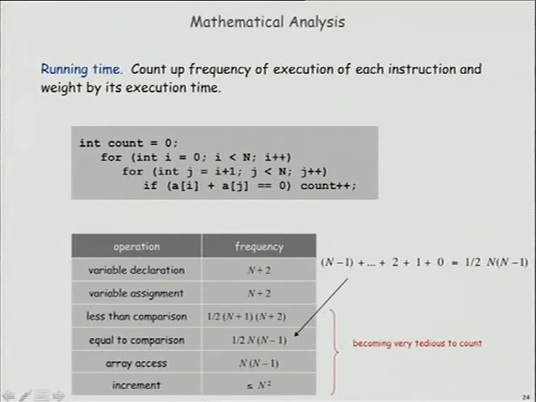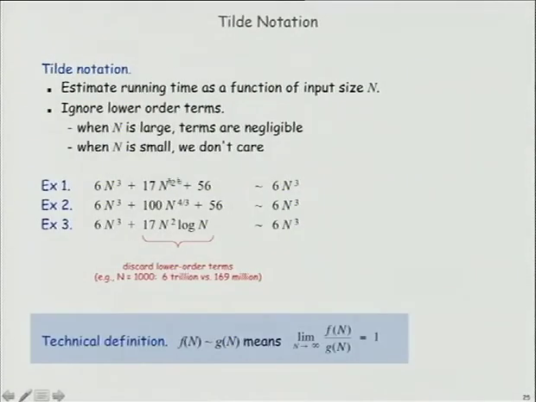I count all these operations that take place, then I add up all these things, and when I add them all up, I will get something like this. Again, these are the lower order terms. I throw them away, and it's 6n to the 3.